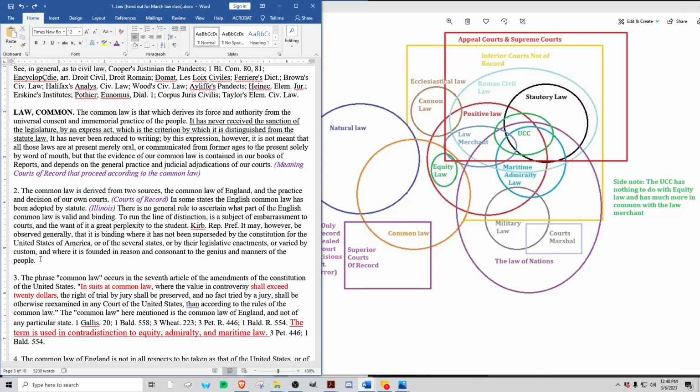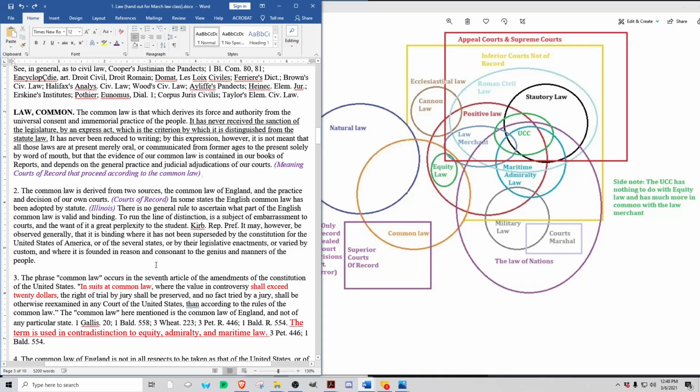And they'd have to take it into consideration, and if they didn't, then you'd have a reason to file a writ of error to the appellate court or the Supreme Court and say they erred, they went out of their box. But that's more process, which we'll get into in the April class. So in some states, the English common law has been adopted by statute.